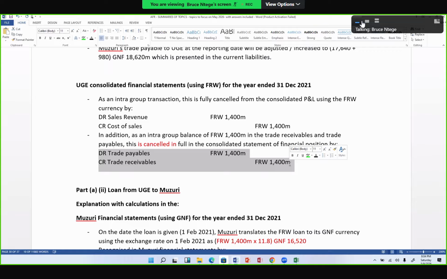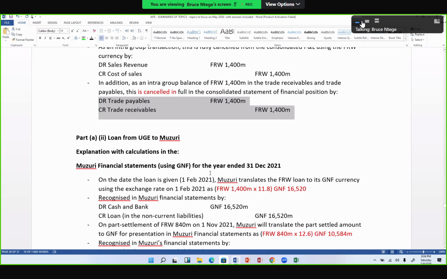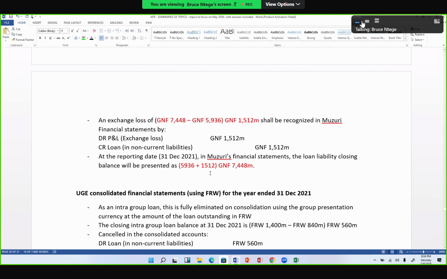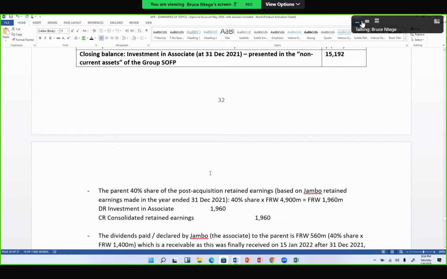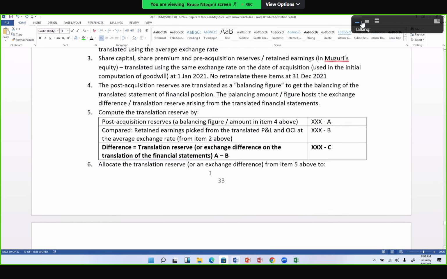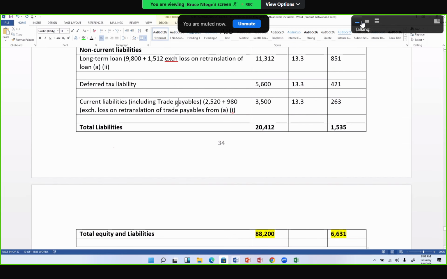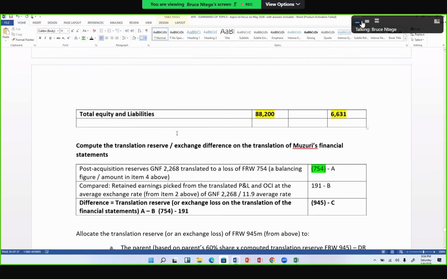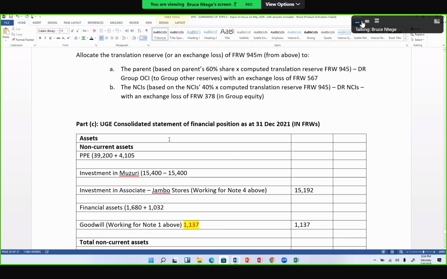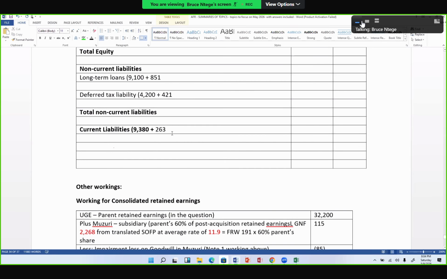Now, the payables, remember, are seated in the current liabilities. So let me start with the debit of the trade payables in the balance sheet directly. In that consolidated balance sheet, I'll look for the line trade payables. Trade payables sits in the current liabilities here. So where's the balance sheet of the group? Here it is. In the balance sheet, trade payables sit here in the current liabilities.